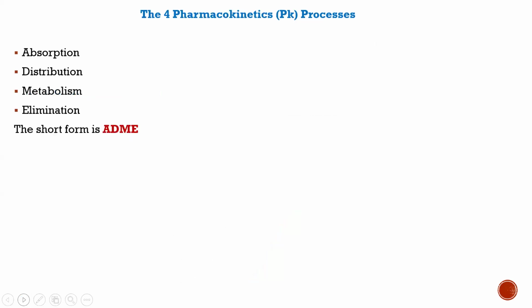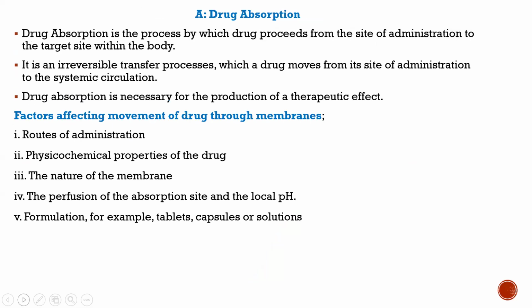We have four pharmacokinetic processes, and that's what we're going to be concentrating on. We have absorption, distribution, metabolism, and then elimination. So it has a short form, ADME, which represents absorption, distribution, metabolism, and elimination. Okay, so let's look at drug absorption.